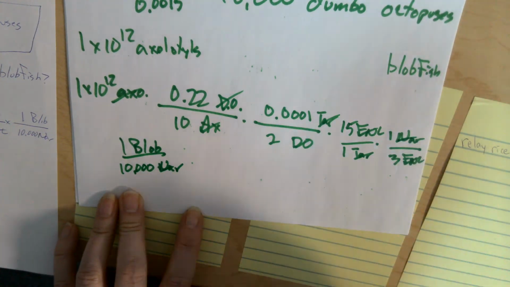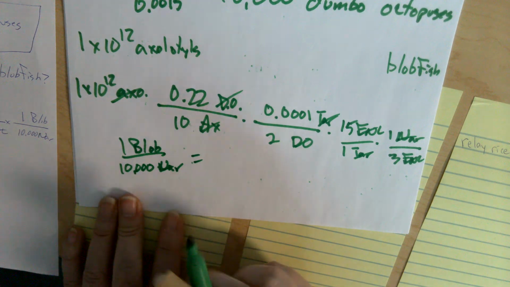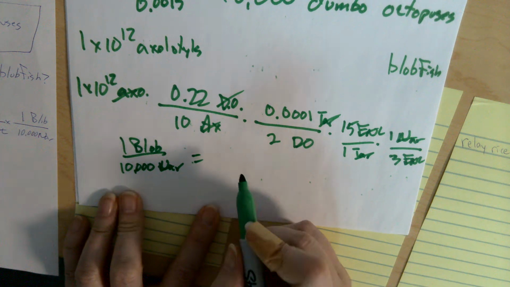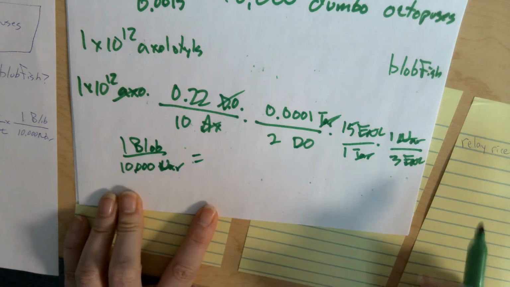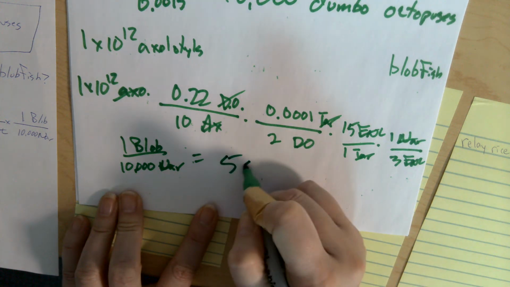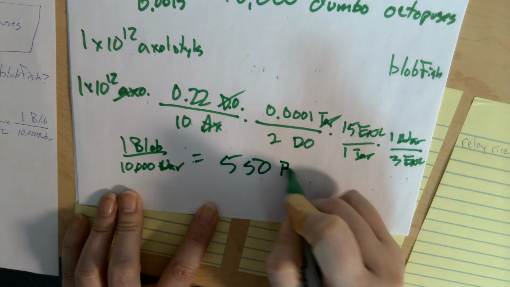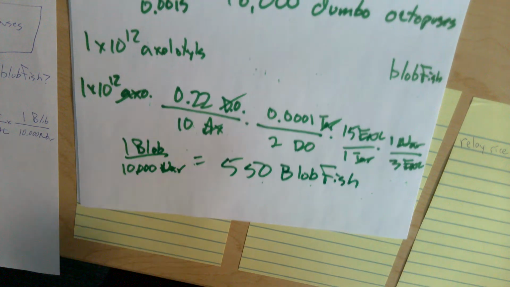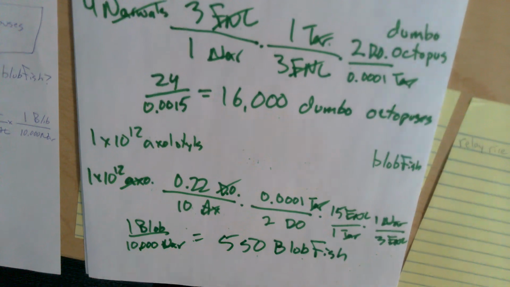So that cancels and that cancels. Please pretend that this is over here. I didn't have room for that. And so there's a lot of numbers, but if you cancel it out, you will get 550 blobfish. All right, so there we go.